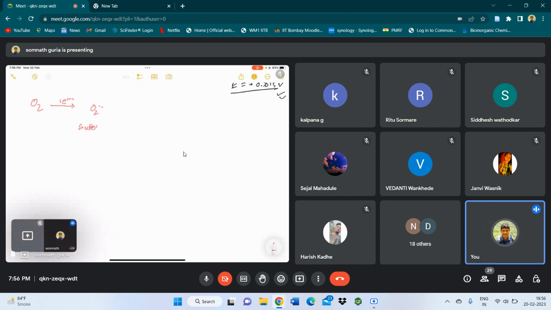Okay. This superoxide again, if it takes one electron and two protons, it forms hydrogen peroxide. It's 2O2.